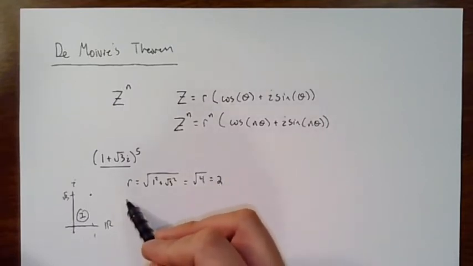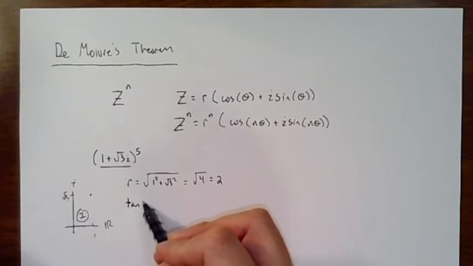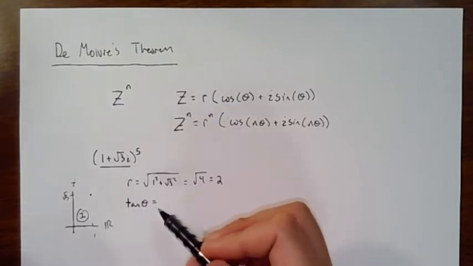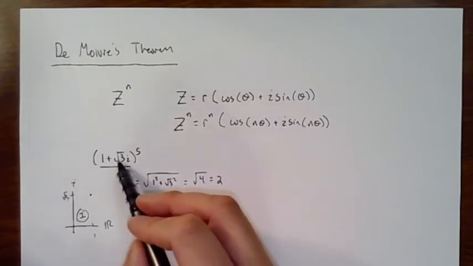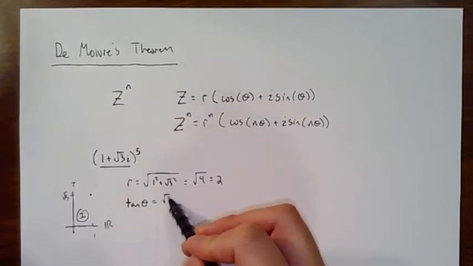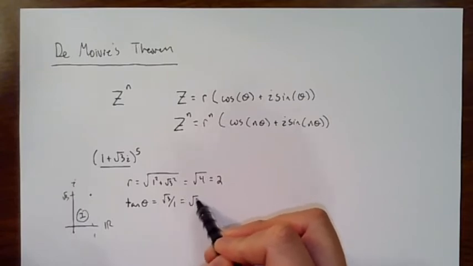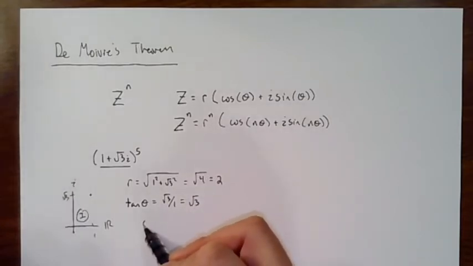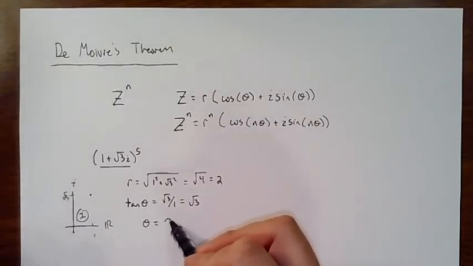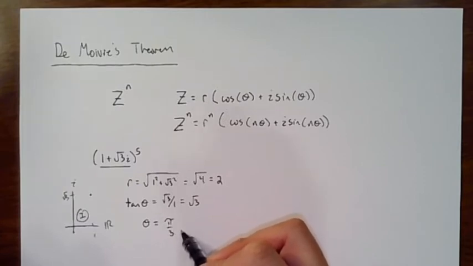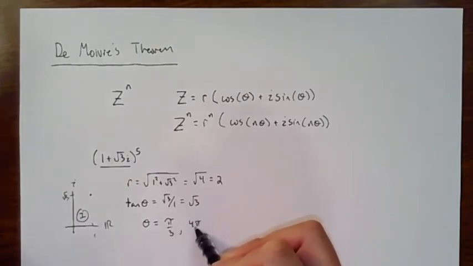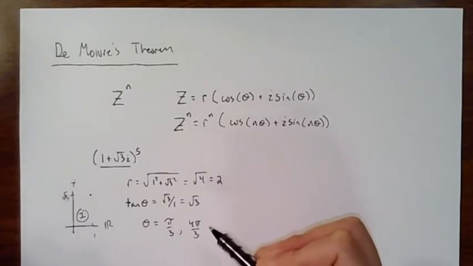We need to find theta, but like in our last videos, we're going to find tan theta and then work out what theta has to be. Well, tan theta is b over a. Square root 3 over 1, which is square root 3, tells us that theta has to be pi over 3 or 4 pi over 3.